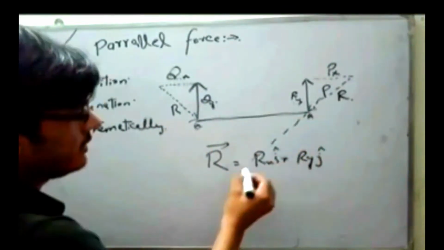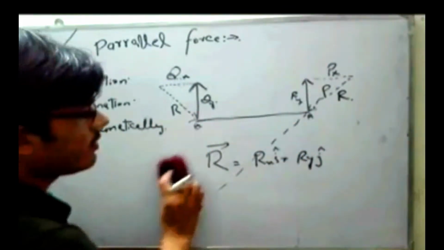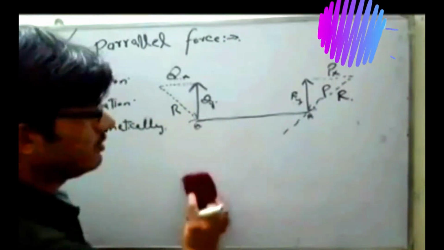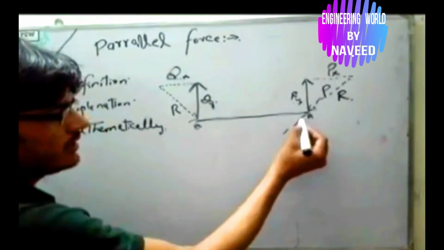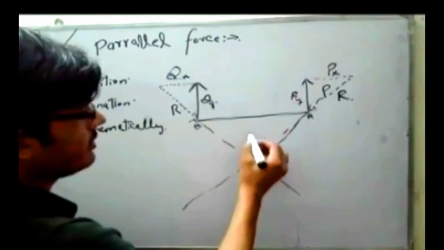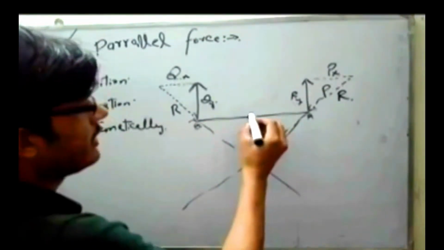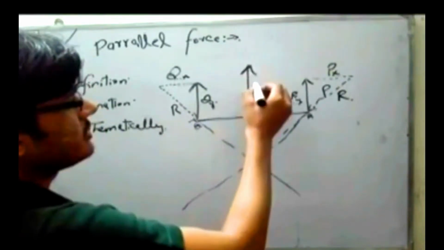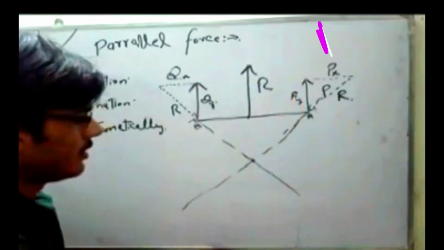If you extend these vectors further, you get a cross point. At this point the resultant will lie, and the resultant direction will be in this direction. So this is the resultant.